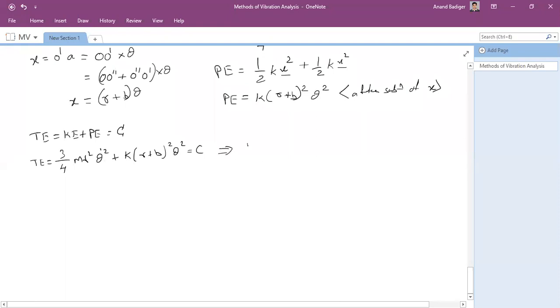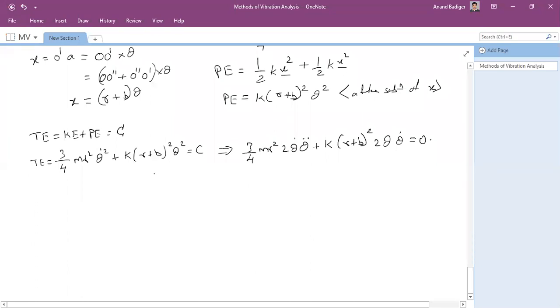So that implies if I differentiate, it will become 3/4 m r square, 2 theta dot theta double dot, plus k into r plus b whole square 2 theta theta dot, because this is only theta, so it should be one single dot, is equal to 0. So you just need to simplify the terms, what all we can cancel over here. So 2 theta dot can be removed, so those will get cancelled.